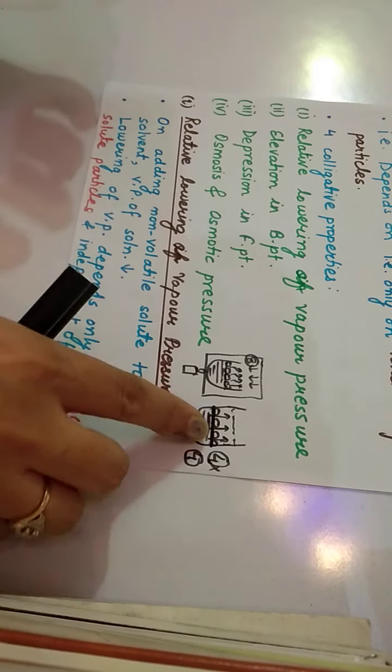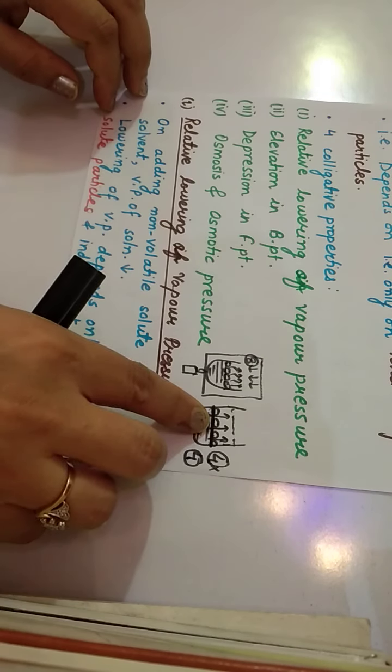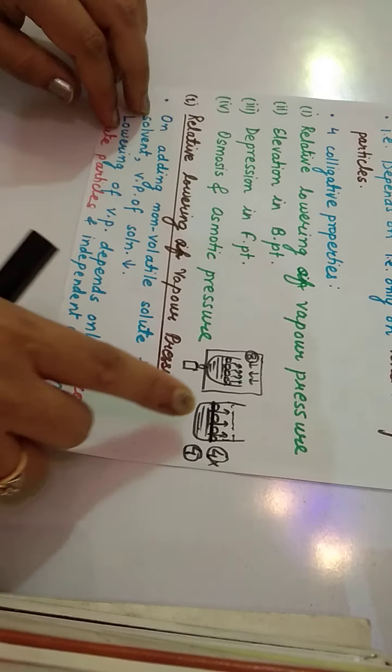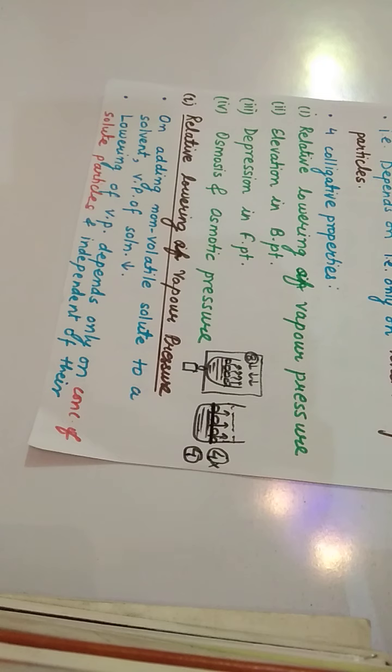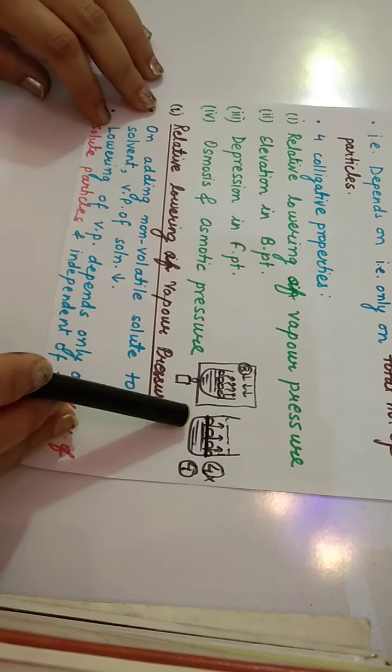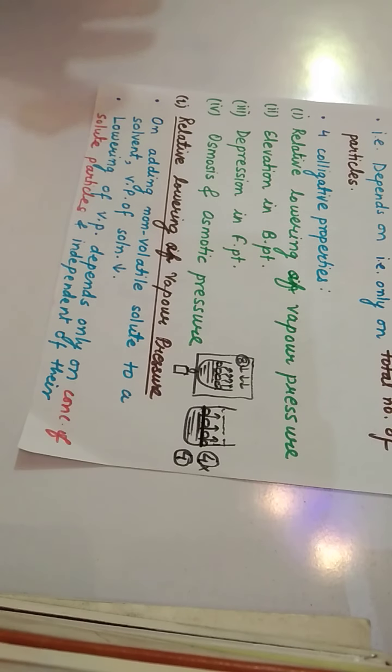But if the number of non-volatile solute particles is less, then more vapor is formed and more will be the vapor pressure. So the lowering of vapor pressure will totally depend upon the number of solute particles.